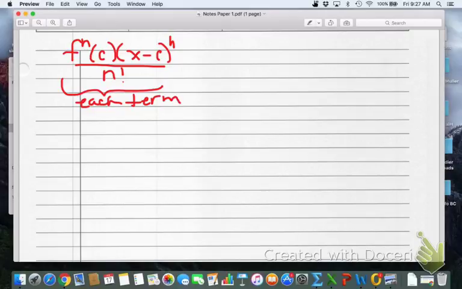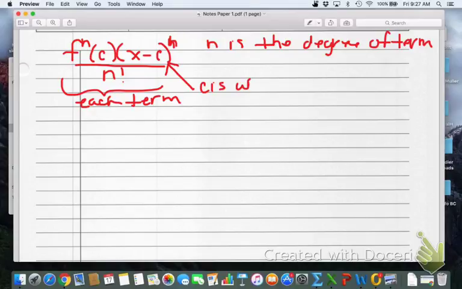All right, so n, this is an n right here, n is the degree of the term. Okay, c is where the polynomial, and I'm just going to say Pn of x, is centered.